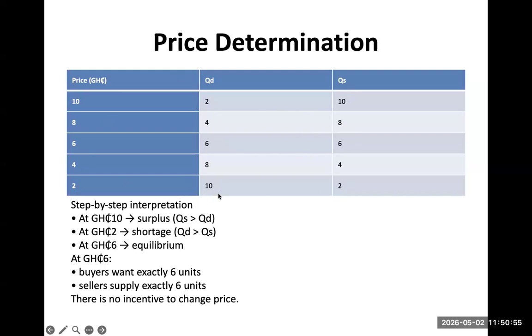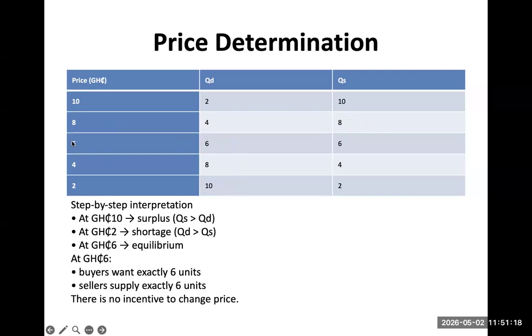Therefore, there was a shortage. So it's at 6 Ghana cedis where the equilibrium is established, because at 6 Ghana cedis, the buyers want exactly 6 units, and the suppliers also supply exactly 6 units. Therefore, there's no incentive to change the price.